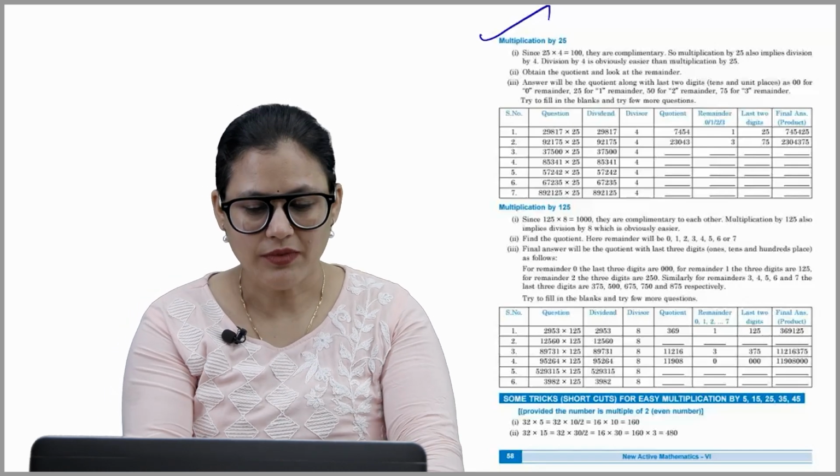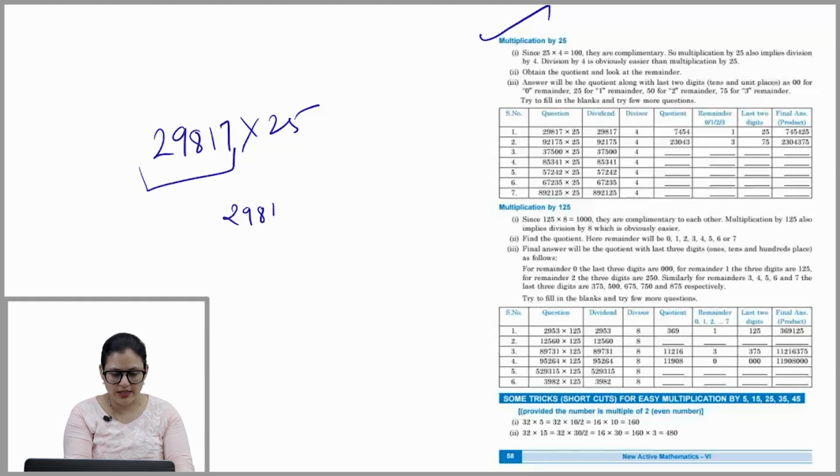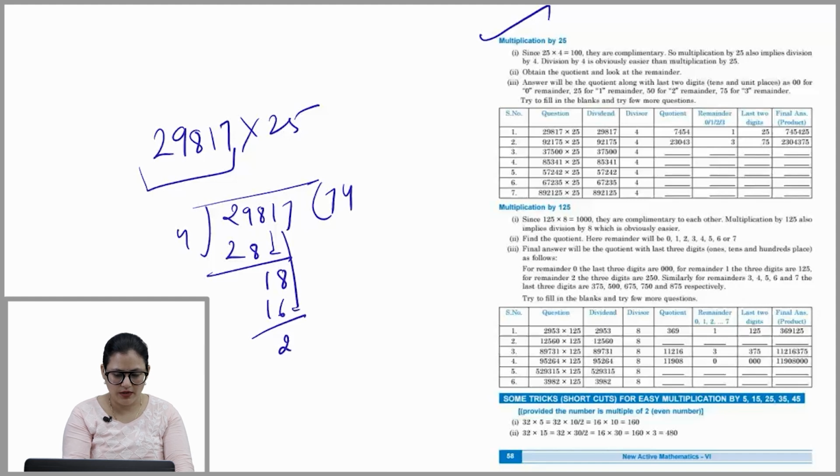Okay, see, you have 29817 into 25. Okay, so first we will divide this number by 4. 29817 divided by 4. 4 sevens are 28. 1 will bring down 8. 4 fours are 16. 2 will bring down 1. 4 fives are 20. 1 and then we'll bring down 7. 4 fours are 16.